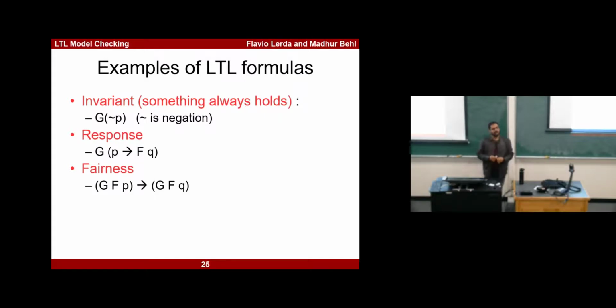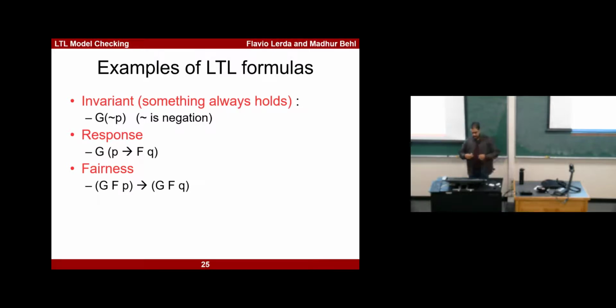So let us look at some examples of why we care. Okay, I gave you some intuition on how it maps to the heart, but this is a rich mathematical framework, so let's try to grasp what kind of interesting things we can specify using LTL. Right? So let's look at the first one, which says G of not P, which can be interpreted as: G is globally or always, something should not hold.